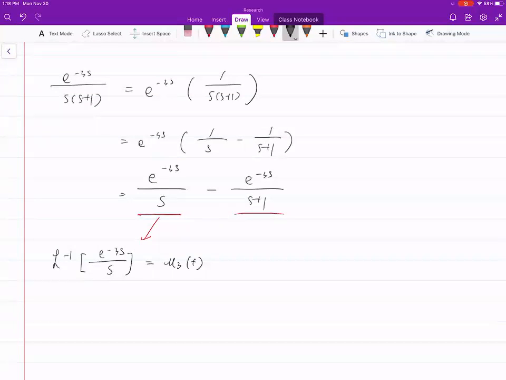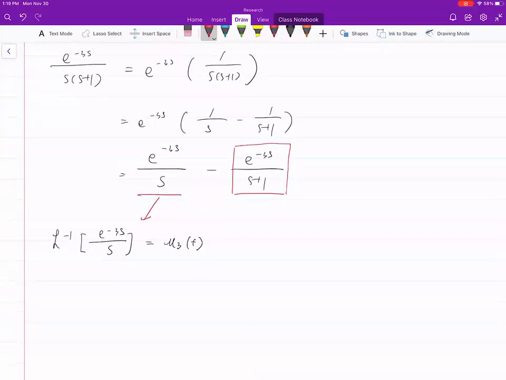So the only thing left, which is complicated, comes from here. How do you do the inverse transform of this one?